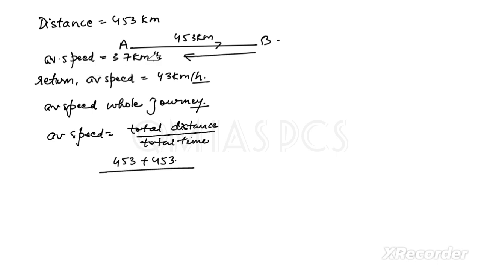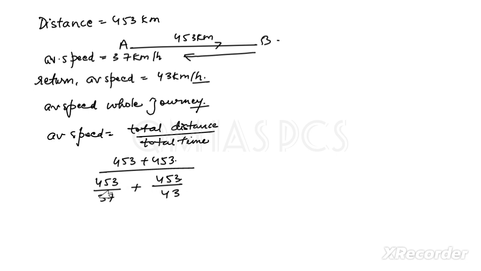Total time will be, for going from A to B, the distance was 453 divided by the average speed of 37, plus 453 divided by 43 for returning.